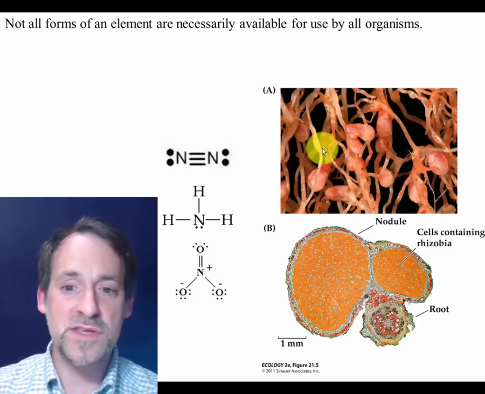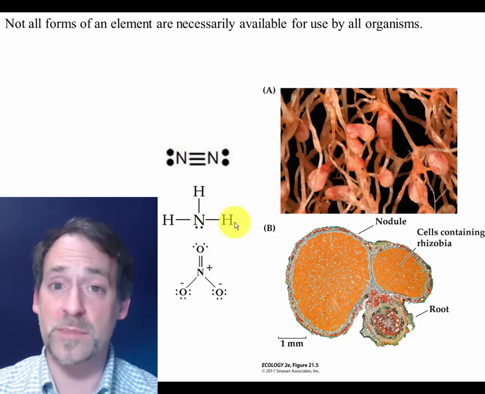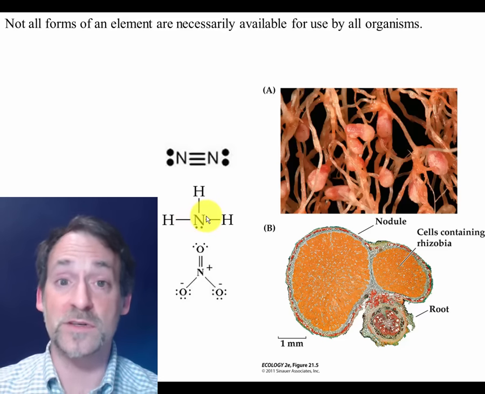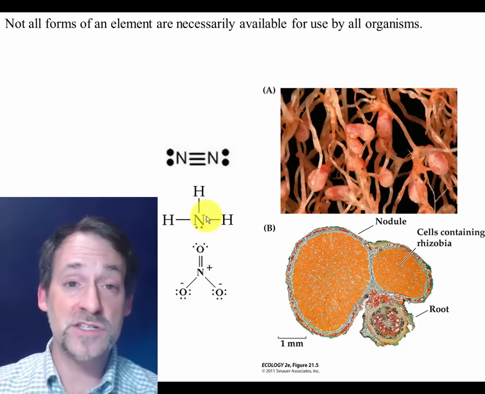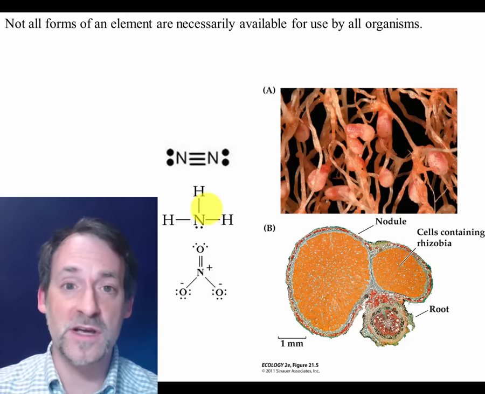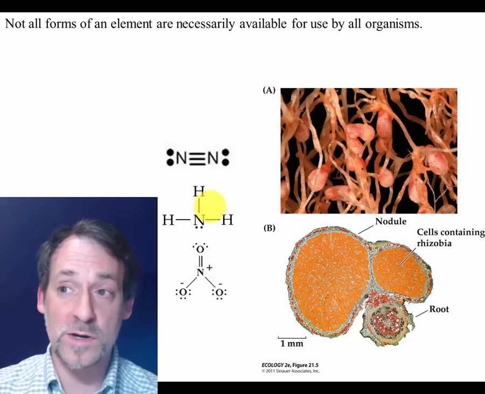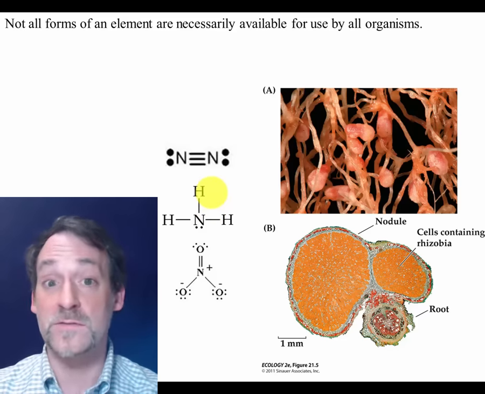So this transformation from this chemical form to this chemical form is a crucial step in allowing living organisms to get a hold of nitrogen atoms they can actually use. So in addition to the movement of atoms, we also need to be thinking about the transformation of molecules that contain those atoms. When you switch from one kind of molecule to another, that transformation can be very, very important.